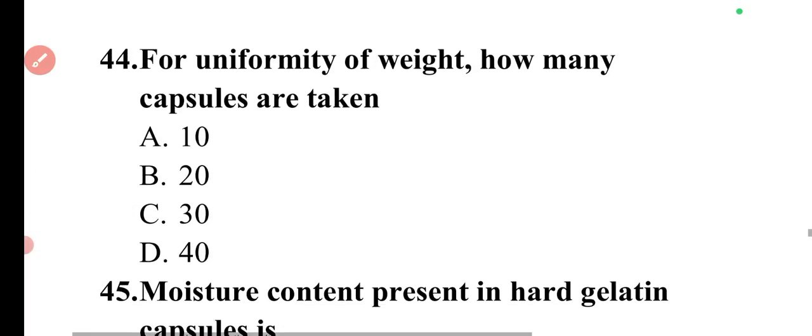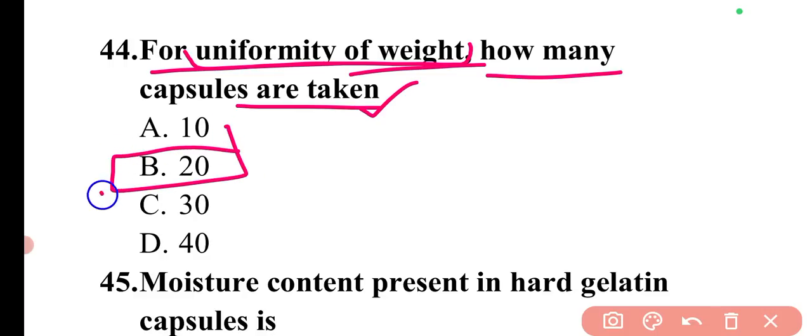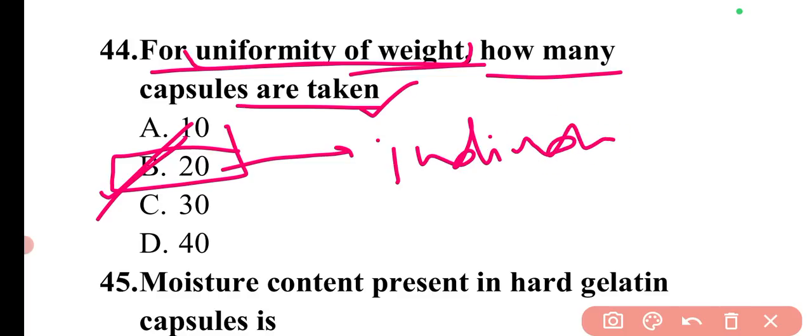Then coming to the next question. The question is, for uniformity of weight, how many capsules are taken? This is the evaluation test for the capsules. In the uniformity of weight test, we will initially take 20 capsules and weigh them individually.